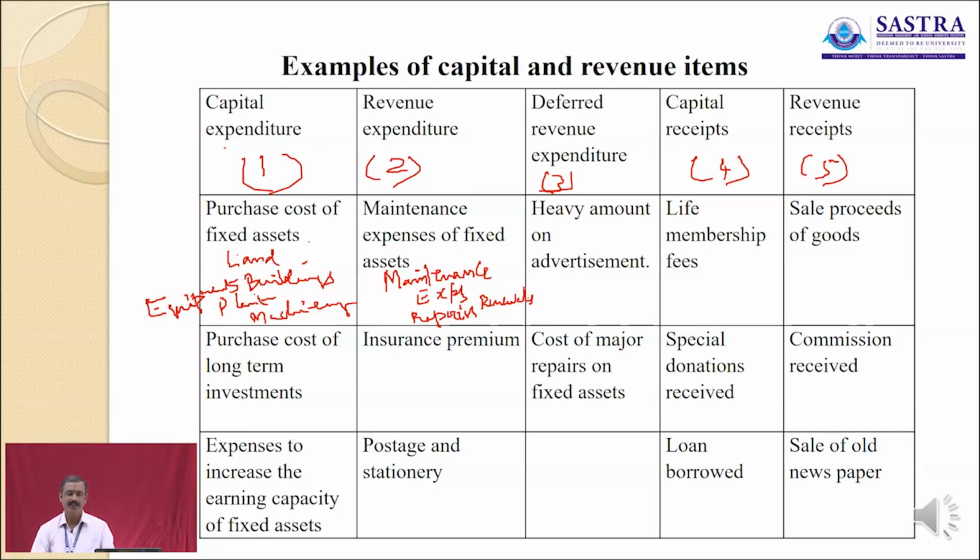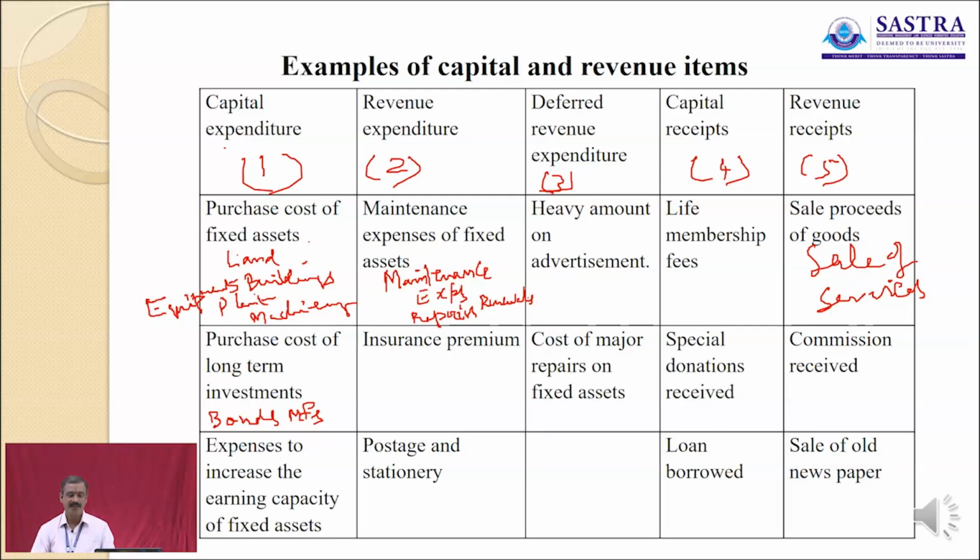The revenue receipts: sale proceeds of goods, amount raised from sales or services, etc. Capital expenditure: the purchase cost of long-term investments, here securities in which we invest money, or shares, bonds, even mutual funds, etc. The insurance premium may also be taken into account as revenue expenditure.